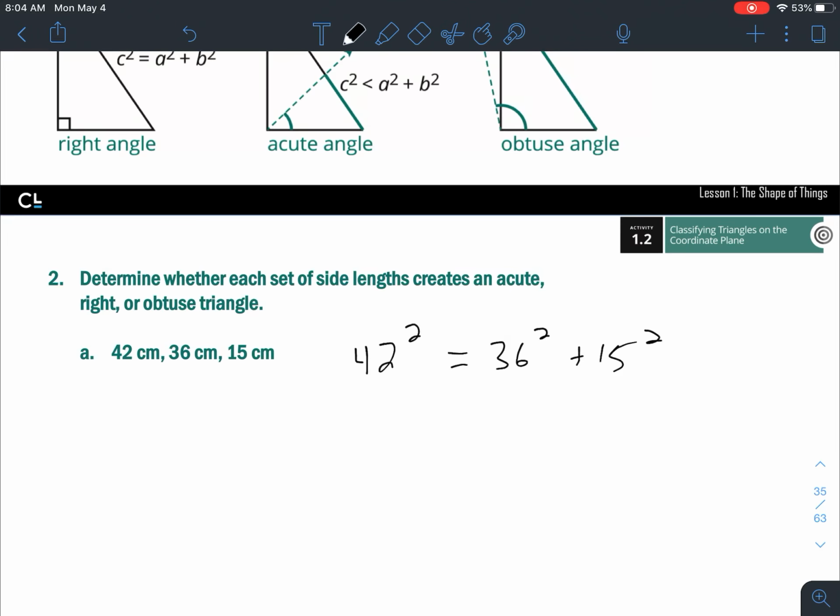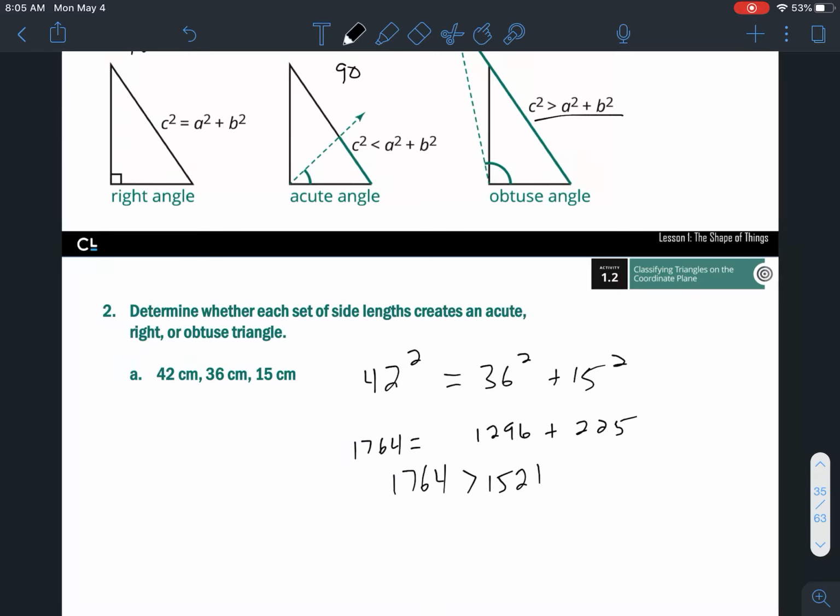If you type in 42 squared, it comes up with 1764, equal to 36 squared, 1296, plus 15 squared, which is 225. You add the 225 and 1296 together and it comes up to be 1521. 1764 is larger. So we know this is going to be obtuse, because C squared is larger than the other two.